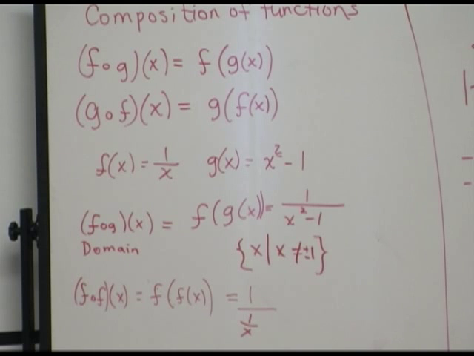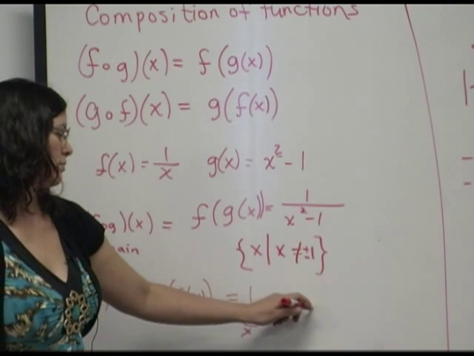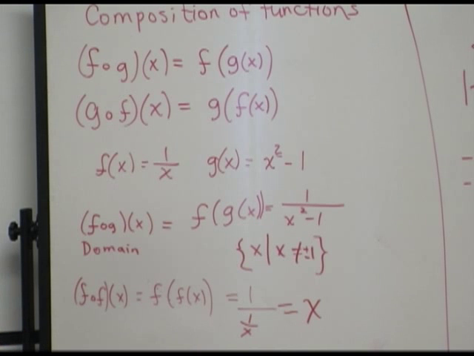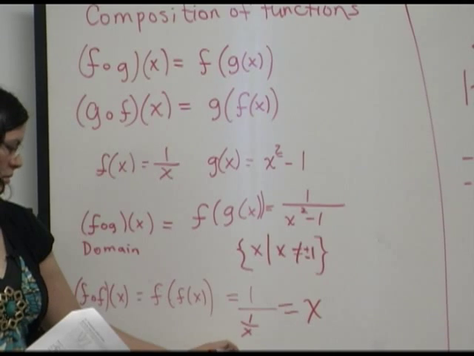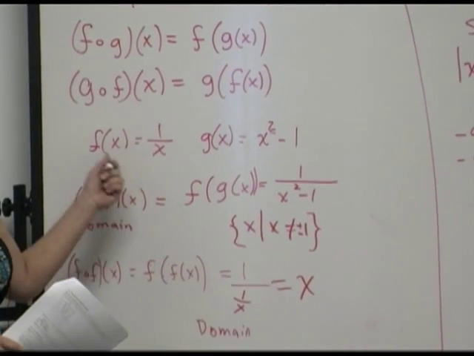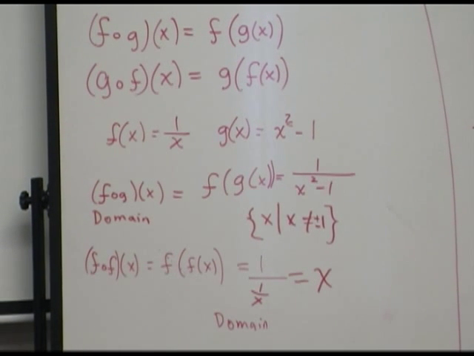That's equal to what? X, right? Now, do we have to exclude anything from that domain? What do we need to exclude from that domain? We only have one function, right? It's f of x, 1 over x. What number we cannot have in that function? 0, right? We cannot divide by 0.